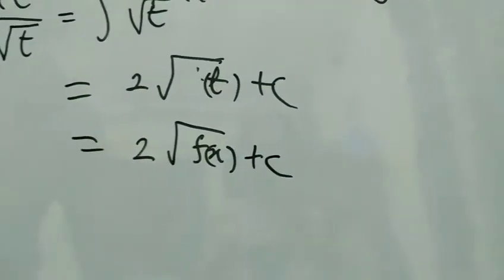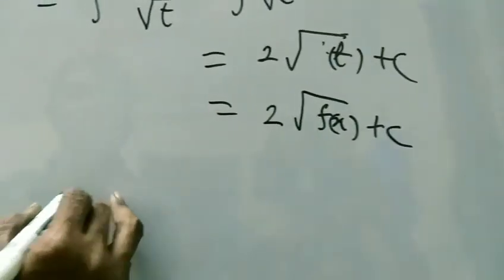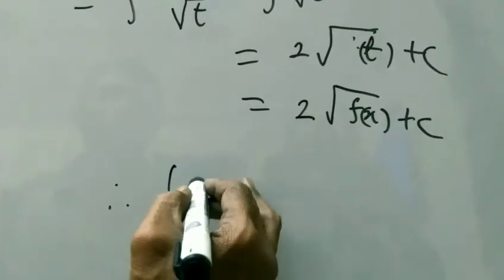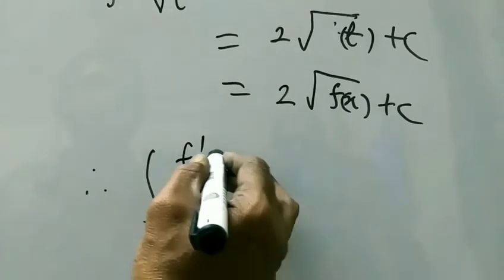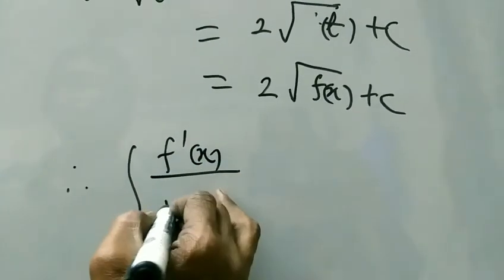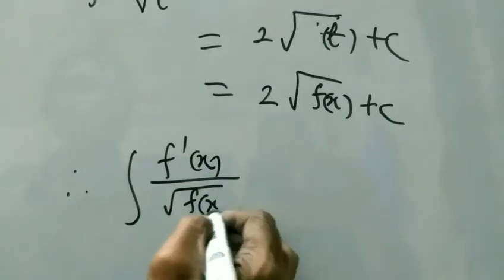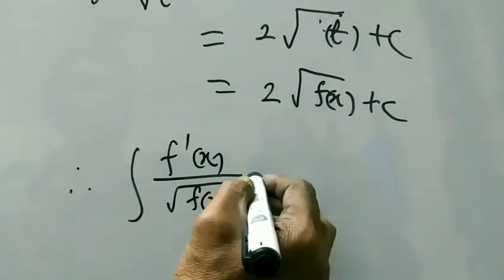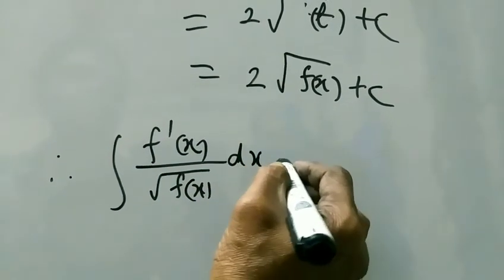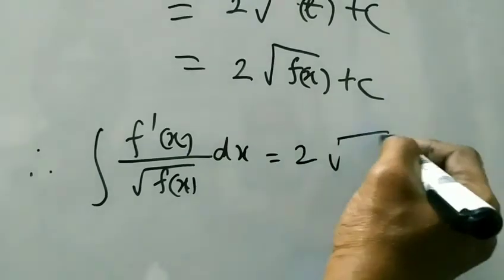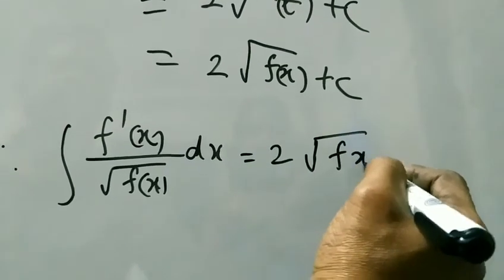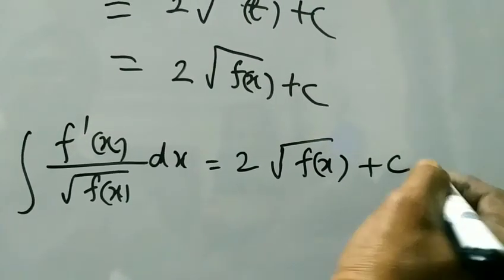Therefore, integral of f dash of x by square root of f of x dx is equal to 2 into root of f of x plus c.